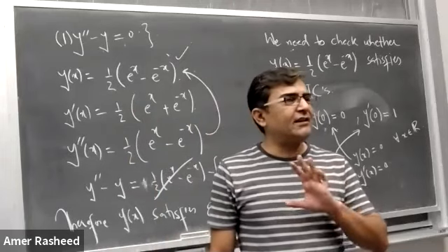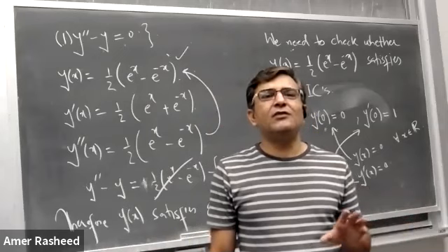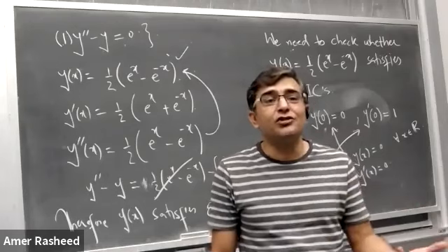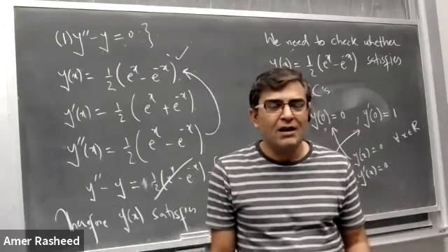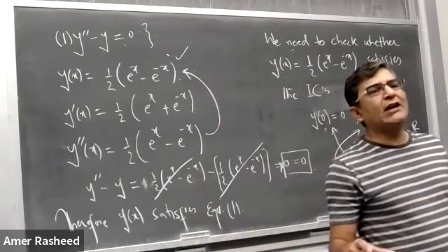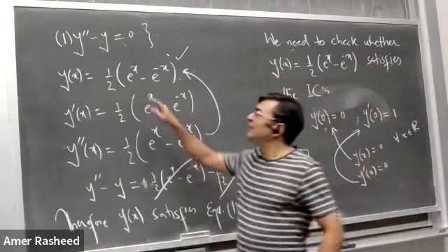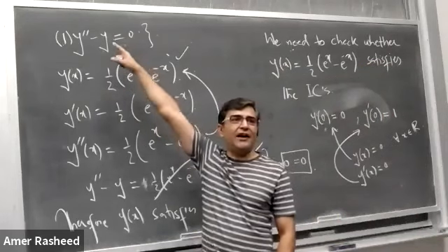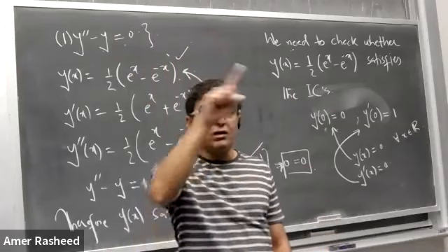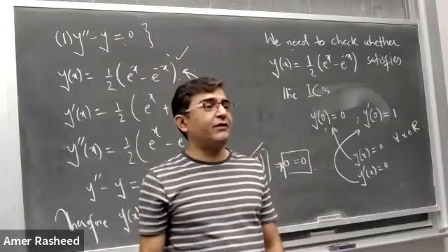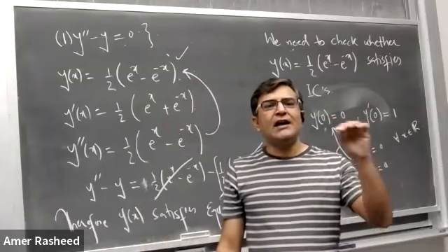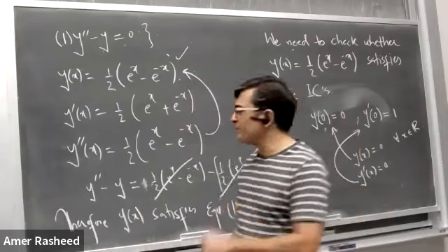If it doesn't, then we should say that y is equal to 0 is not a solution of the given initial value problem. Satisfying initial conditions is equally important as satisfying the ODE itself. We have to check that the given solution must satisfy the ODE as well as the initial conditions.